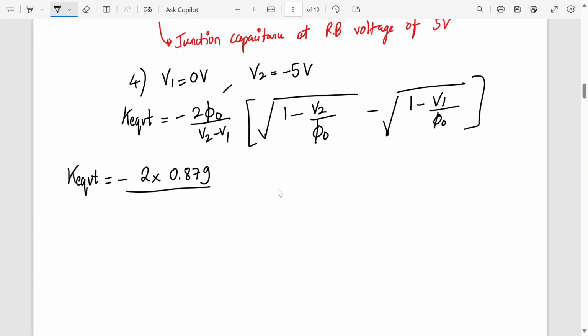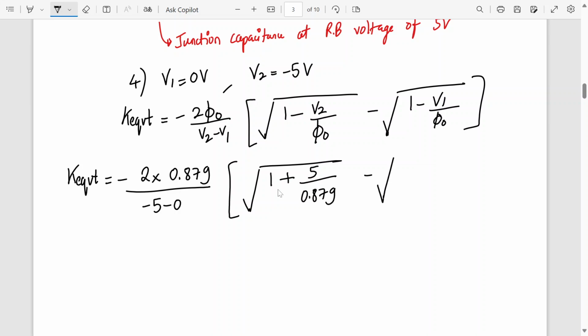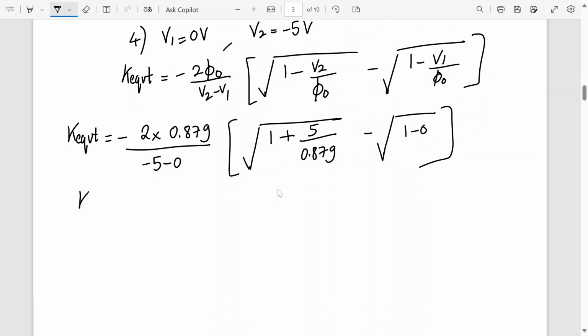V2 minus V1 is minus 5 minus 0, so minus 5 only. So here you will get 1 minus V2, V2 is minus 5, so it will be plus 5, divided by 0.879. Here this value is 0. Okay, so multiply this out. So tell me what is K equivalent?